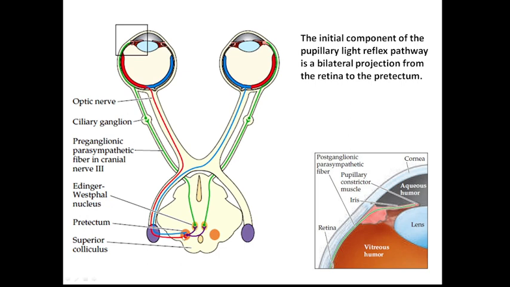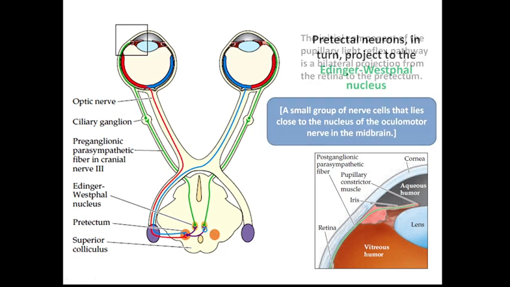The connection to the pretectum is the initial component of the pupillary light reflex pathway, with bilateral projections from the retina to the pretectum. So on the other side also they are getting connections.